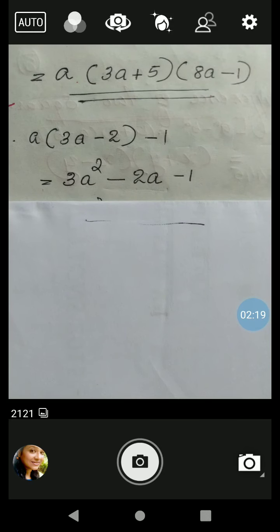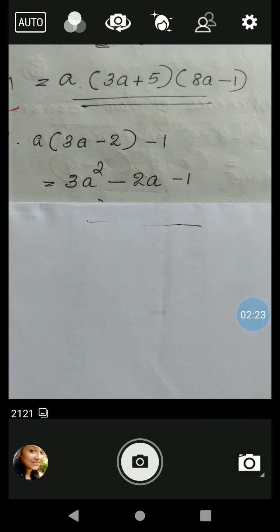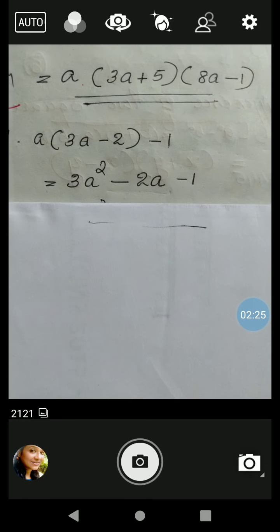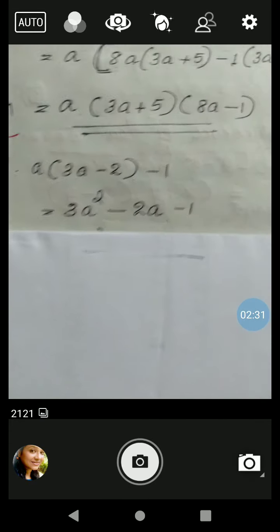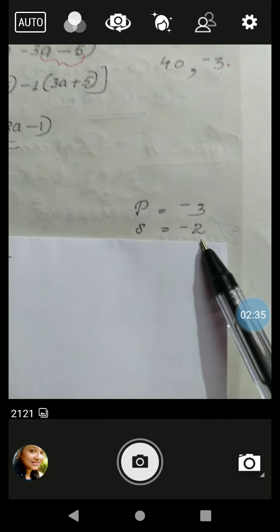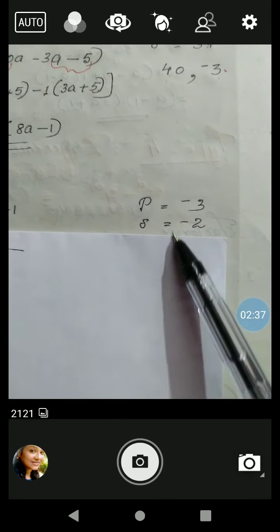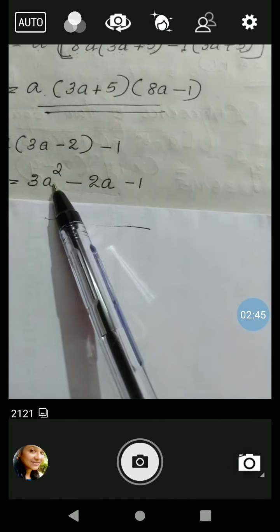Here, what is product? Product is coefficient of a square into c, the last term. So, product is minus 3 and sum is minus 2. Minus 2 is the coefficient of the second term, the coefficient of a.